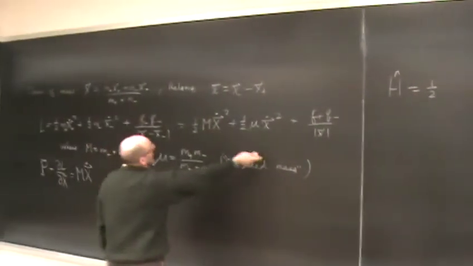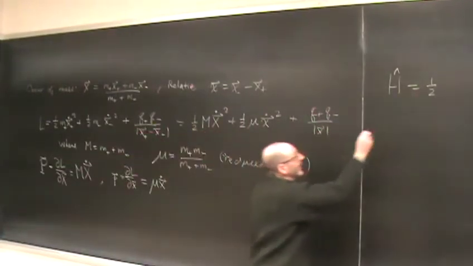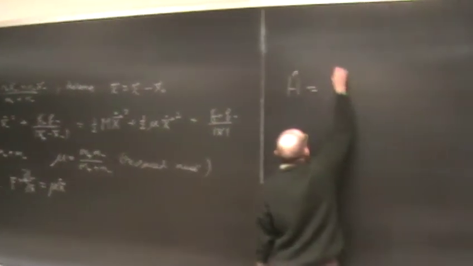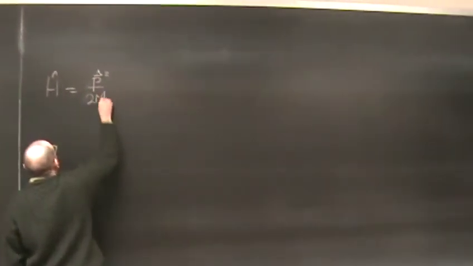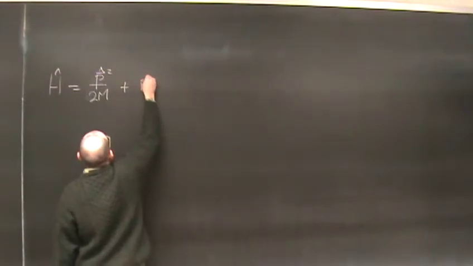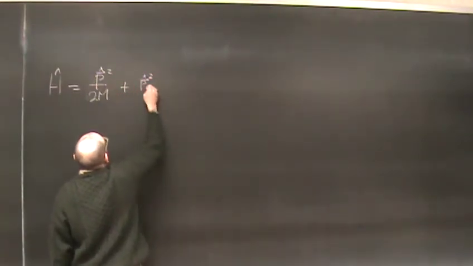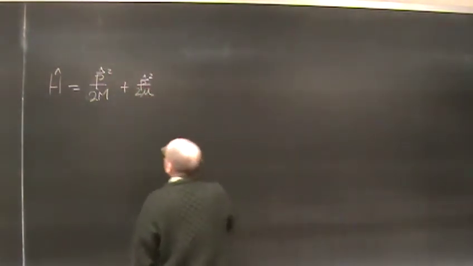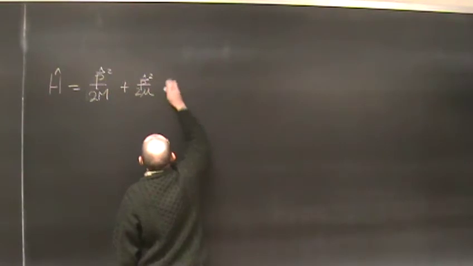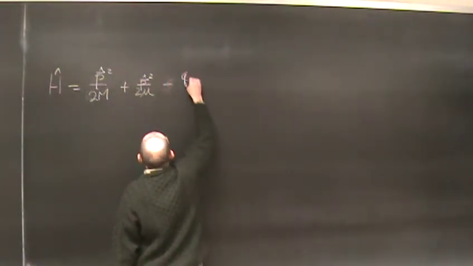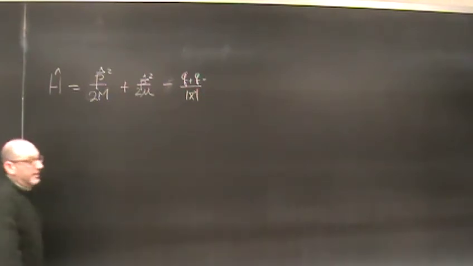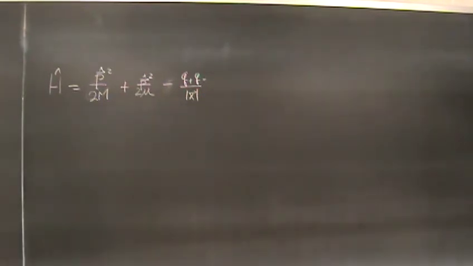So we have this is my Lagrangian, and then I transform to the Hamiltonian, and I get the following. I get the center of mass momentum squared divided by twice the total mass plus the relative momentum squared over twice the reduced mass plus, or sorry, minus q plus times q minus over the magnitude of the relative coordinate. Okay?